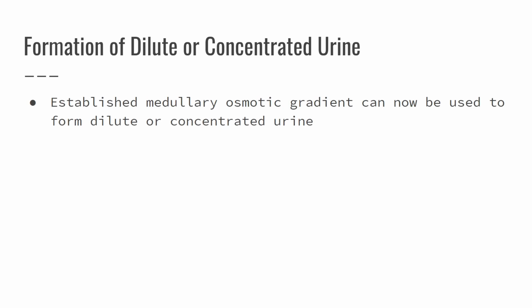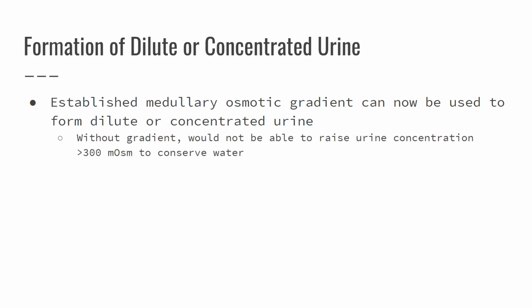The established medullary osmotic gradient can now be used to form dilute or concentrated urine. Without the gradient, we would not be able to raise our urine concentration over 300 milliosmoles, and then we would not be able to conserve water. So basically, we would die without this gradient because we would pee out all of our water.